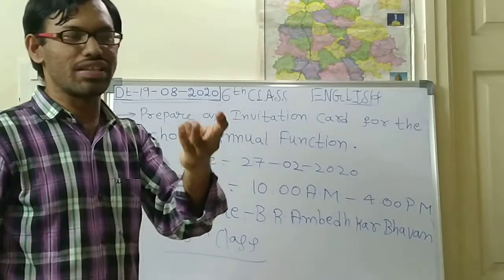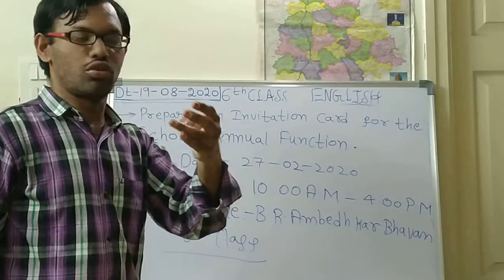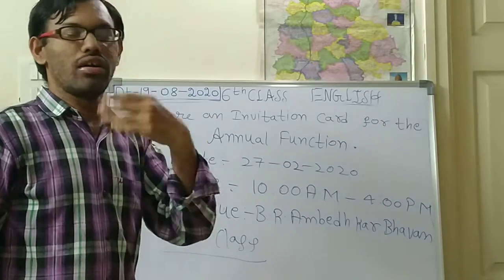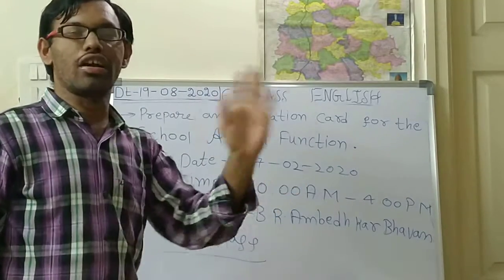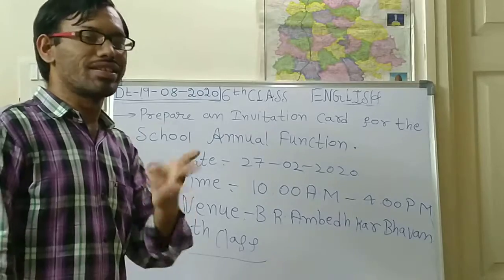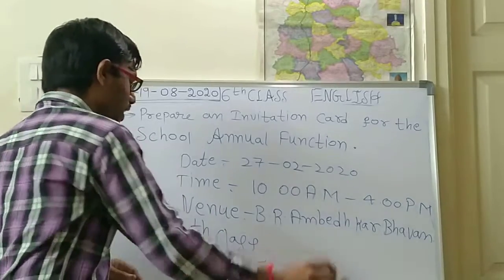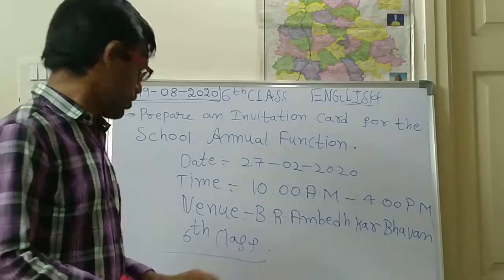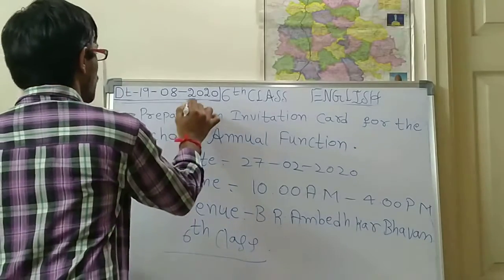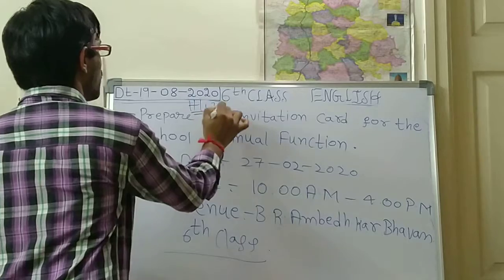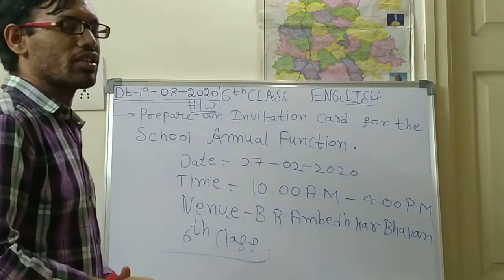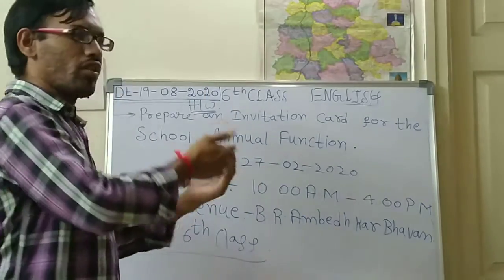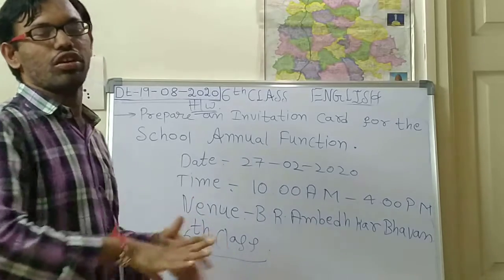One song, one dance, one speech, 2 speeches, and any other extracurricular, one drama, one skit. Like that you mention, and end the invitation card. This is your today's homework, children. Try to prepare the invitation card very easily. If not understood, recall this video once and you can understand.